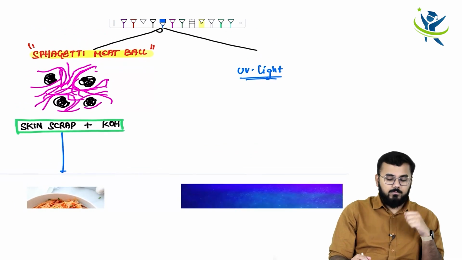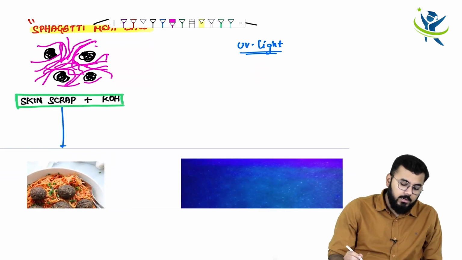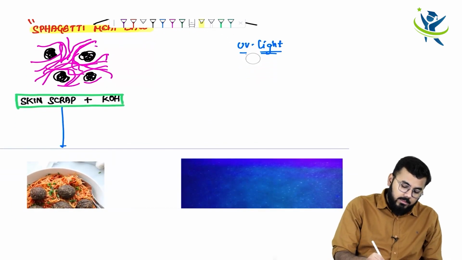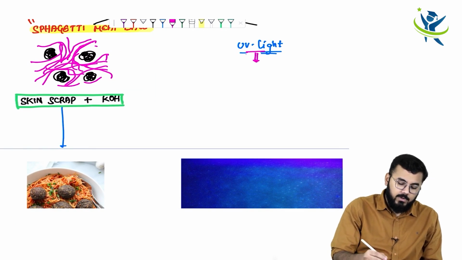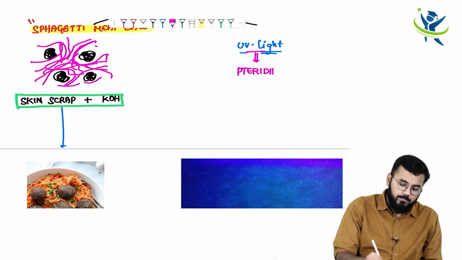Okay, so when you are passing UV light, this UV light will directly fall on the pteridine pigment. And where is this pteridine pigment located?